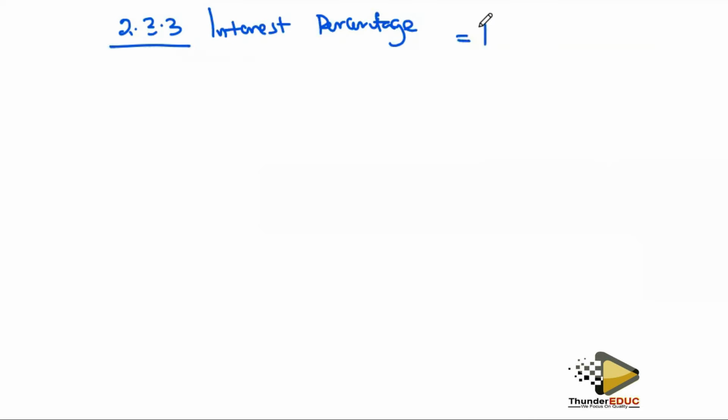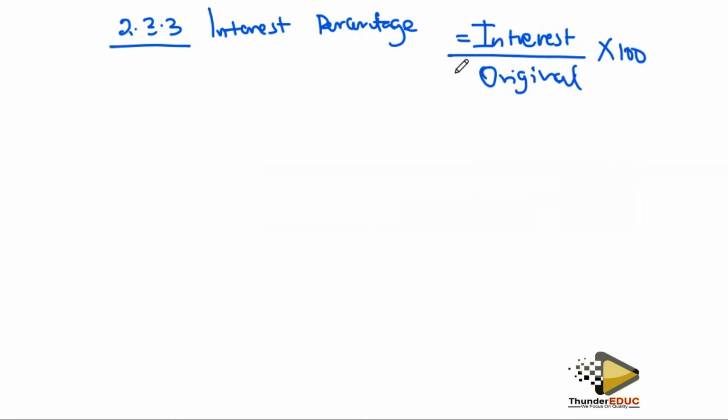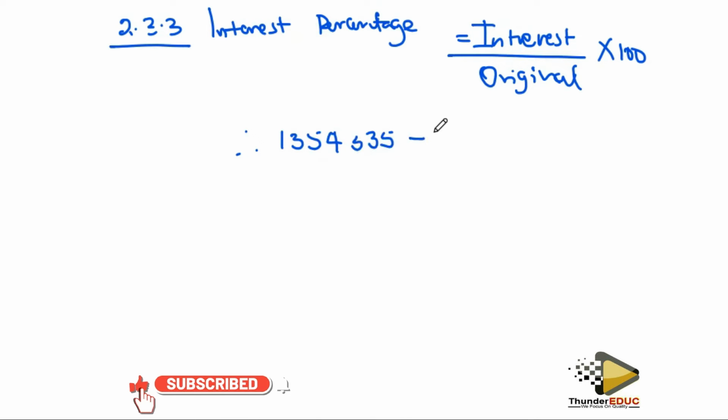So the formula will be interest divided by the original amount of money. Because it's a percentage, we need to multiply by 100. So we shall say 1,354,335 minus the cash money.